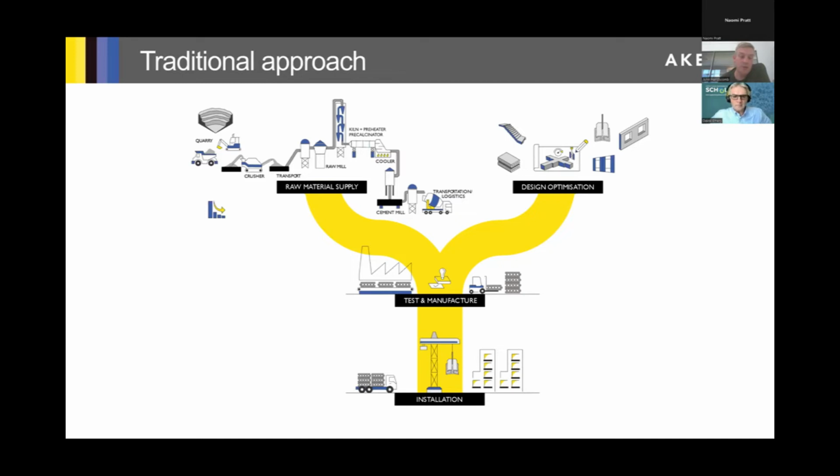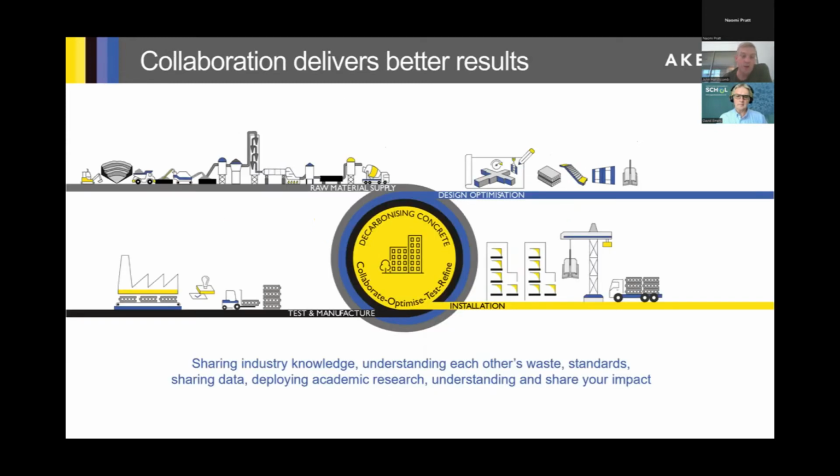So one thing the Routemap really encourages, and we would definitely encourage, is collaboration across the supply chain, sharing wider industry knowledge beyond the bounds of your peers, understanding each other's waste. So can you use redundant strength, for instance, in temporary works back into the design? Greater understanding of the standards and how the standards can help you define what good looks like.